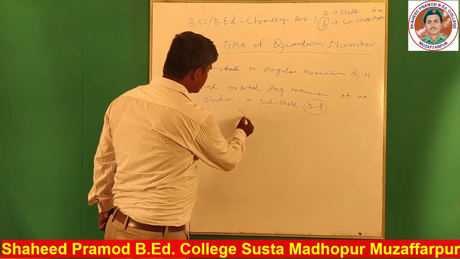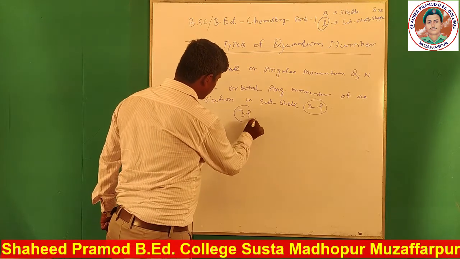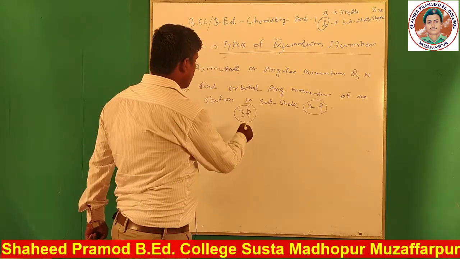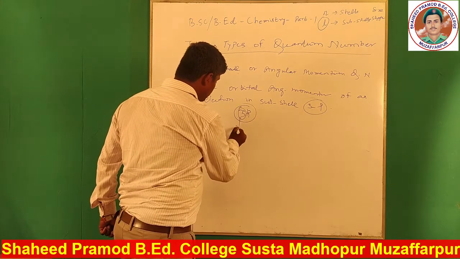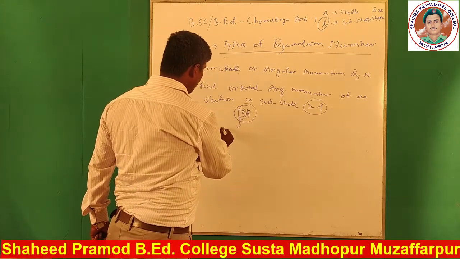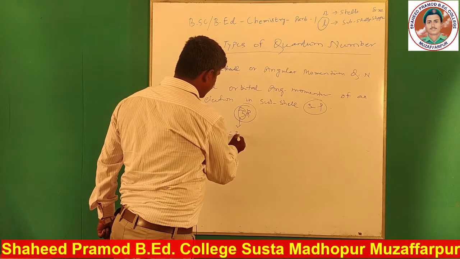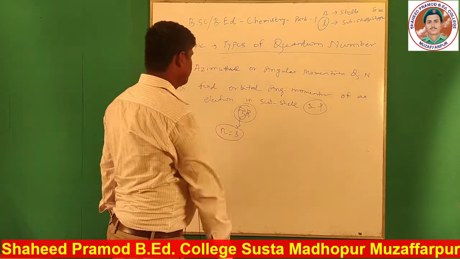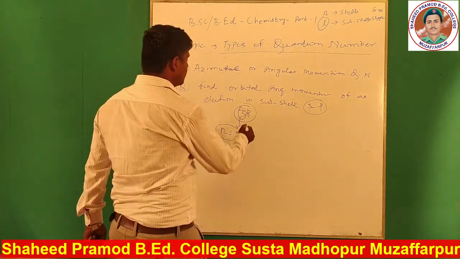This is the address of an electron in which it is revolving, 3p. So, what does this 3 denote? This is denoting the principal quantum number, that is n is equal to 3, and this is p.